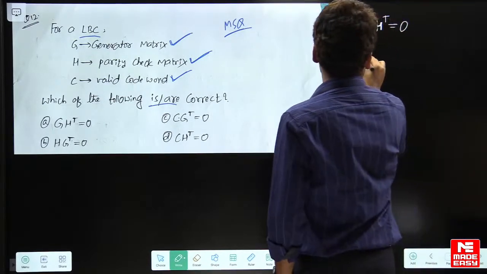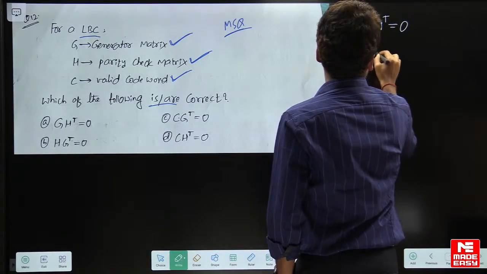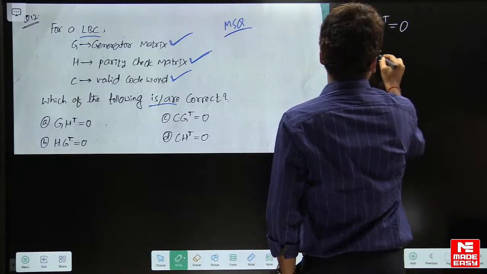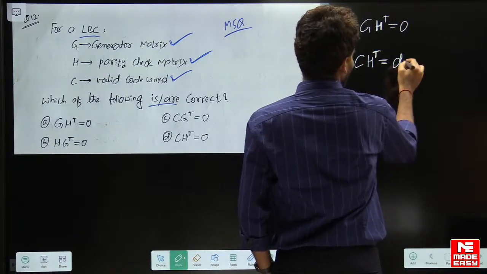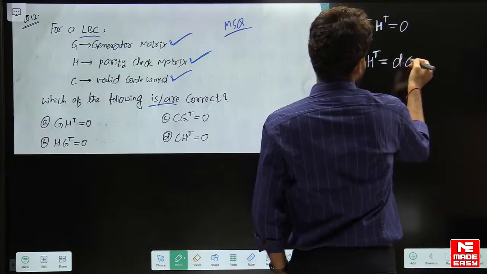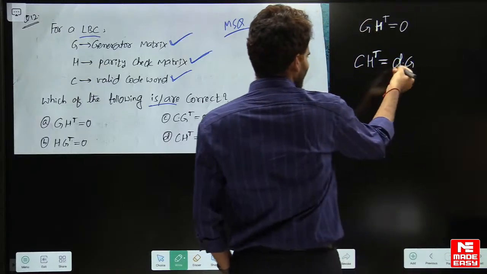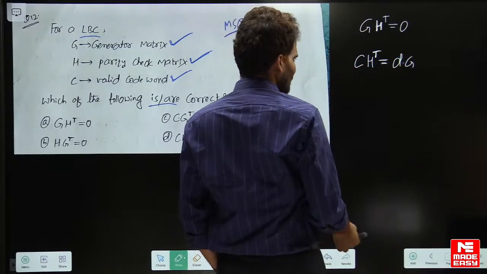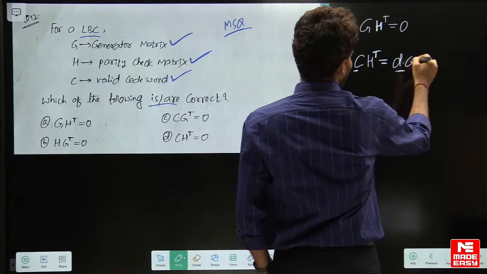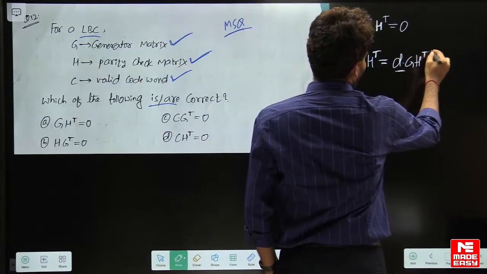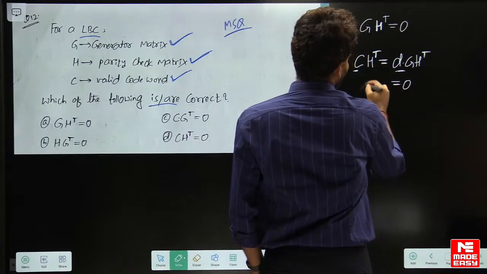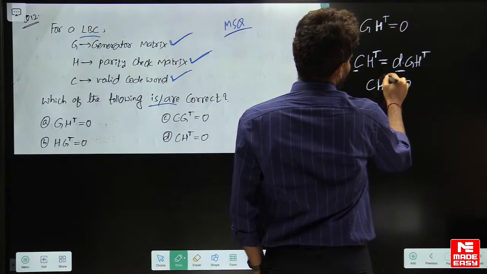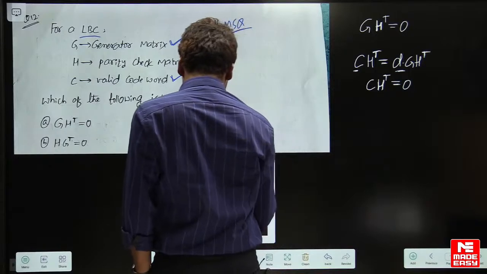C is equal to DG, where D is the data block or message block multiplied with the generator matrix. All these are matrices only. C is equal to DG, and with H transpose, G into H transpose is 0, so this is also 0. So for a valid code word, C into H transpose will be 0.